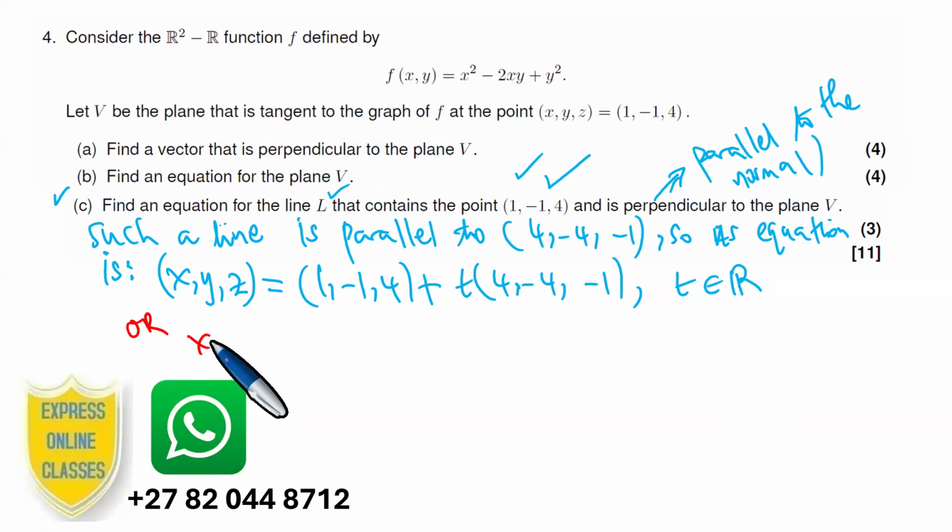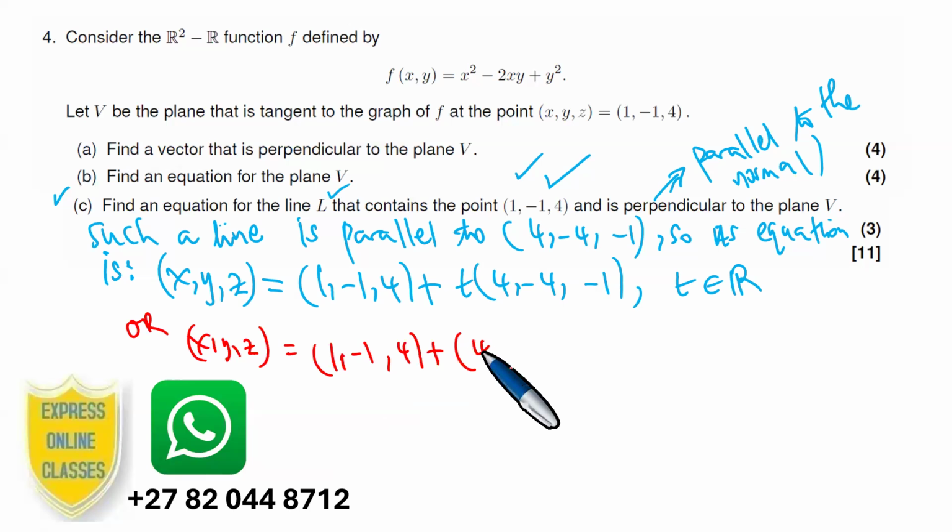x, y, z equals 1, minus 1, 4 plus 4t, minus 4t, minus t.